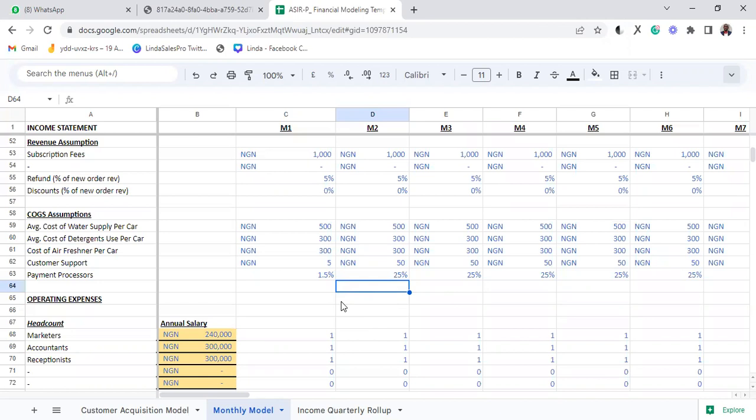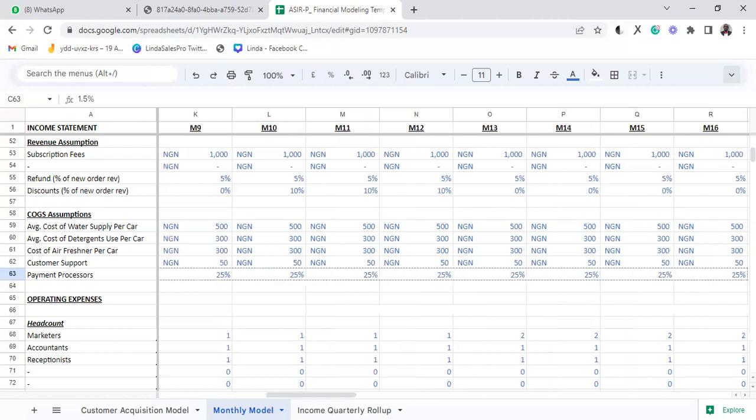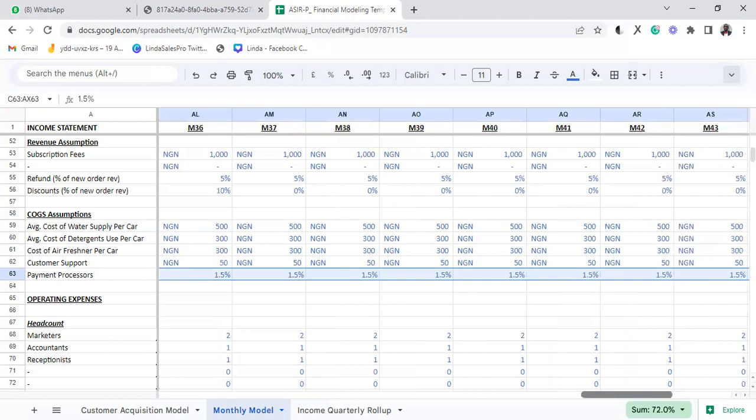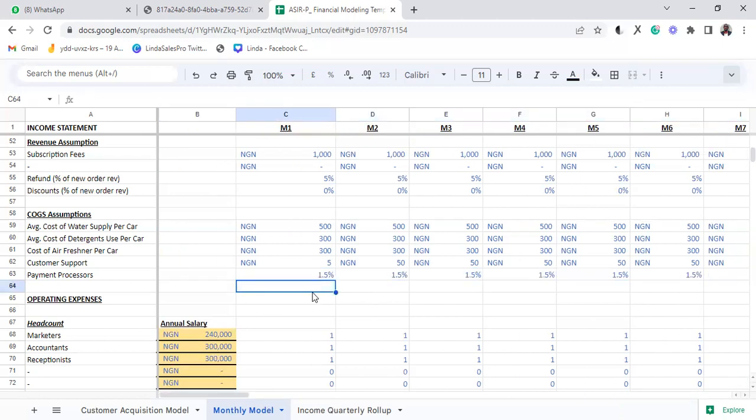We are factoring it here as customer support. Okay. So you see, you are building a realistic model. And all of these things, 5 naira, it will surprise you that 5 naira is a whole lot of money by the time you have 10,000, 1 million customers streaming your platform. Okay, so I'm dragging this to the end so that all of them will be 1.5%. All right, so customer support.